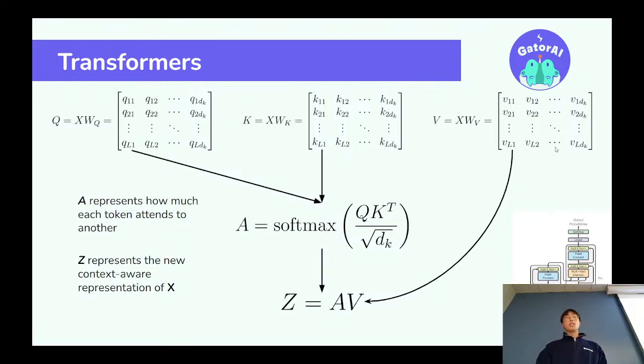And then the value matrix is what information is being passed in. So the key and query matrices represent kind of the gate, so how much information should be passed from token to token, depending on the direction. And then the value matrix is what kind of information should be passed to that token if the tokens actually attend to each other.